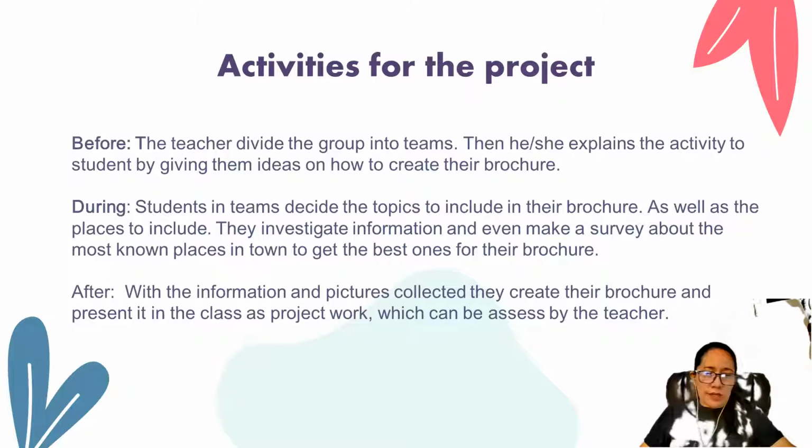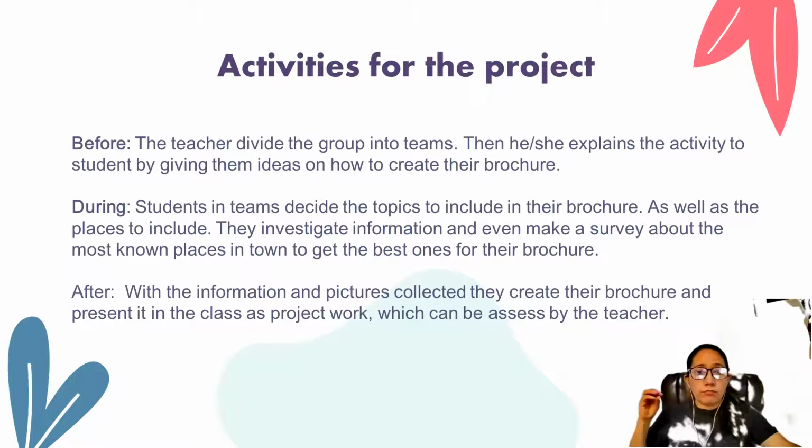Then he or she explains the activity to the students by giving them some ideas on how to create their brochure. These might be different places to propose in their project. They need to investigate, they need to go on the internet, or they need to ask some questions of their relatives or their own classmates to decide on the places they need to show in the brochure.